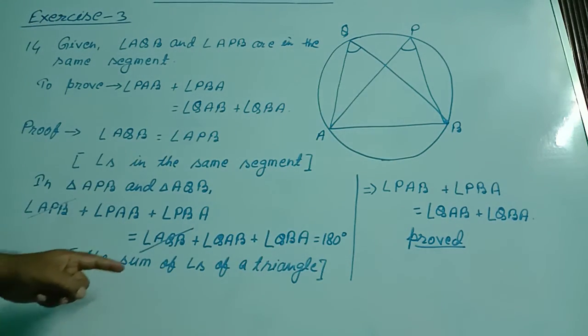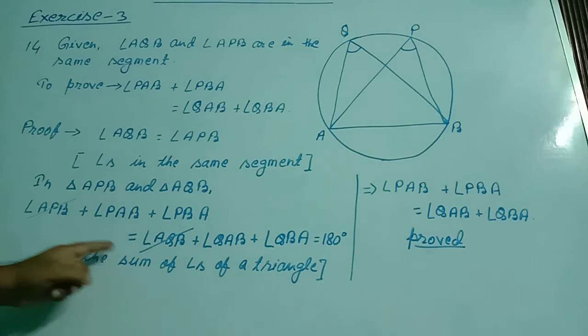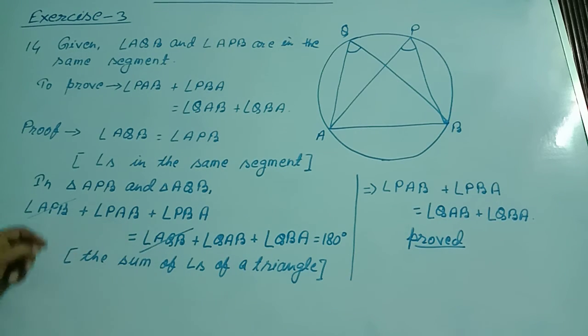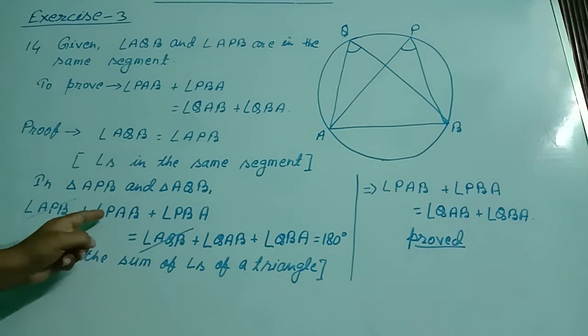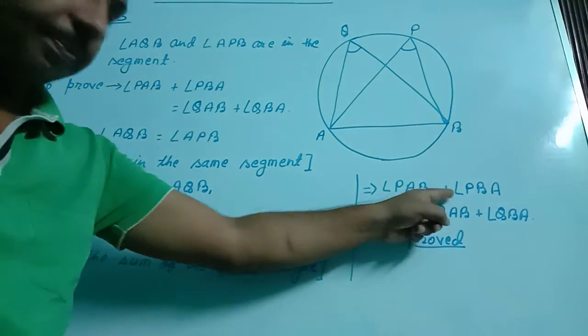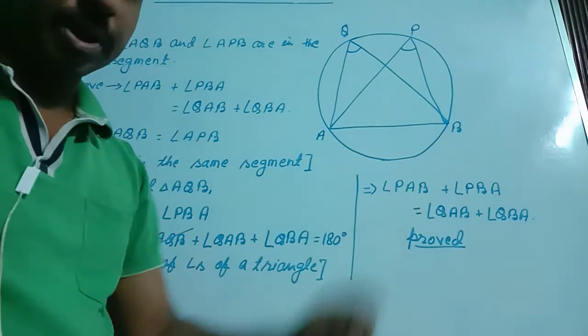This is coming from the sum of the angles of a triangle. Since these two angles are equal, we have cancelled them. Angle APB and AQB are cancelled from both sides. What is left? Angle PAB plus angle PBA equal to angle QAB plus angle QBA. Proved.